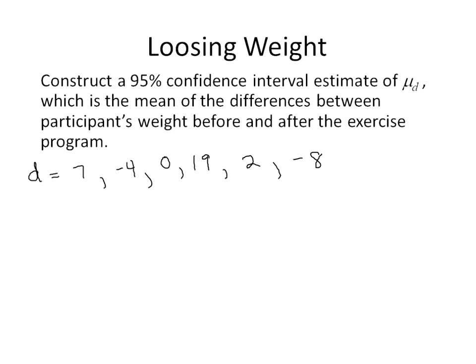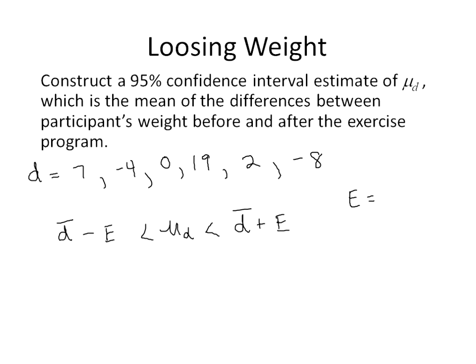And I'm constructing a confidence interval for that. So the formula looks like this. It's the mean difference. That's our parameter. And you take the sample mean, which is coming from your differences, minus the margin of error, and you take, again, the mean of your differences and add the margin of error.